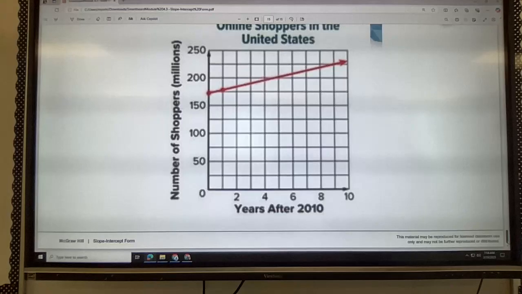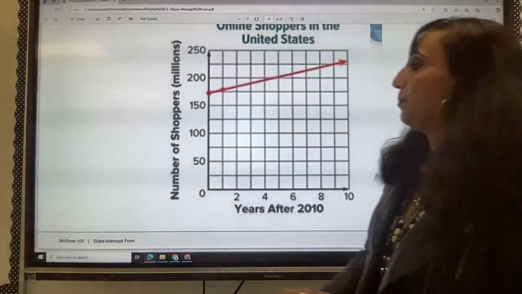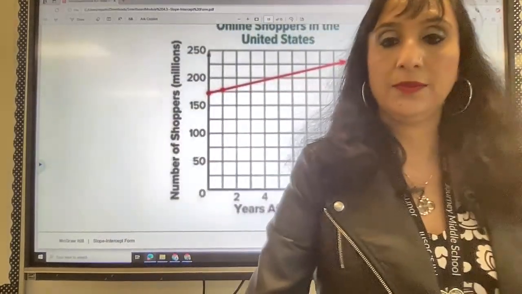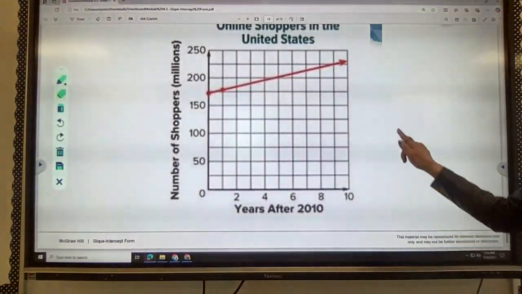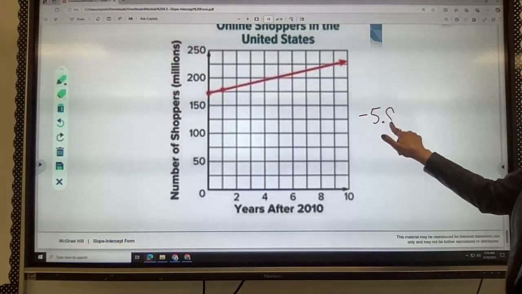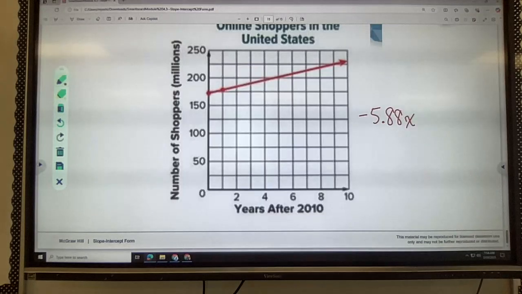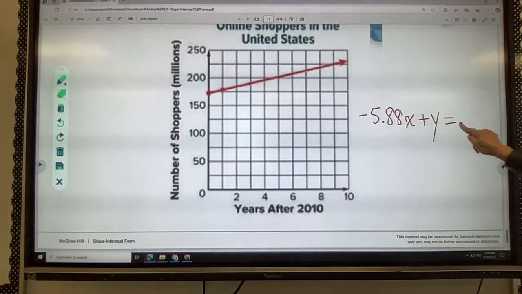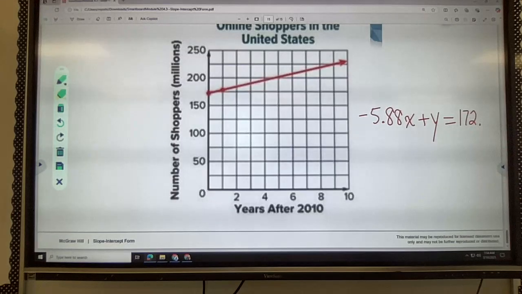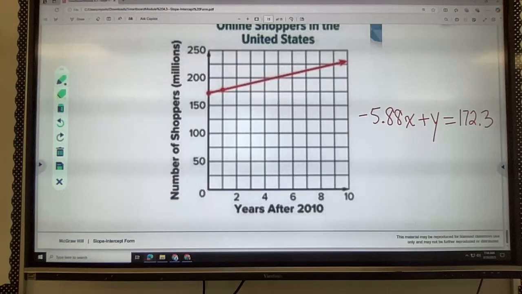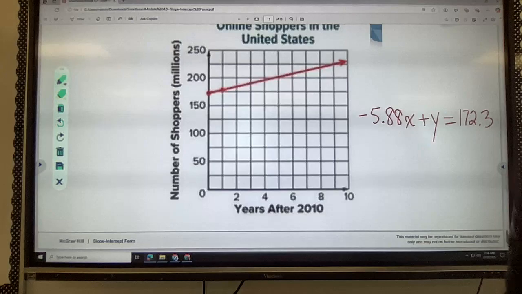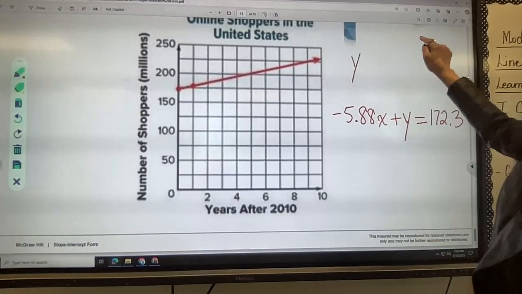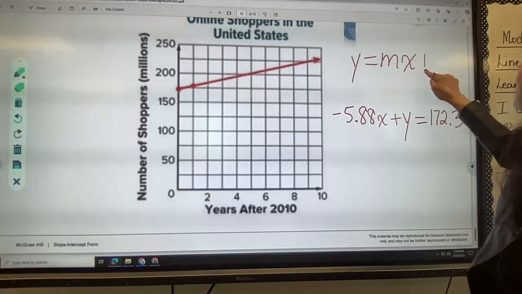And based on what I had earlier in my equation, it told me that it was -5 and 8800x plus y is equal to 172 and 3/10. So all I'm doing is I am now going to put it in the slope-intercept form, which is y is equal to mx plus b.